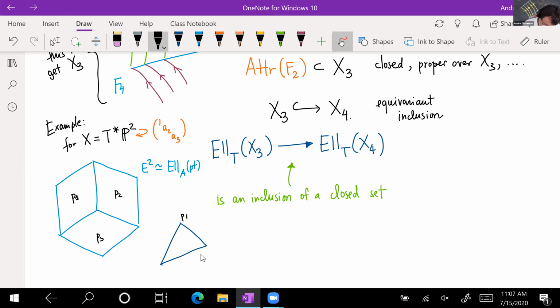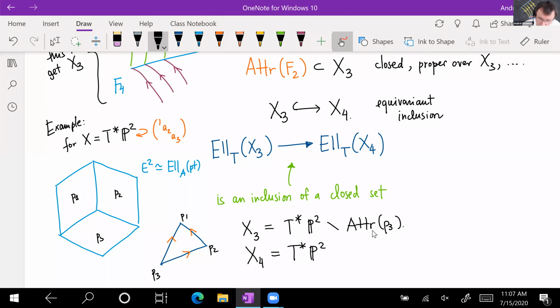So this is now P1, P2, P3, and say this is attracted here and that is attracted there. Then my X3 is T star P2 with the attracting manifold of the third point taken out, and my X4 is the whole thing.